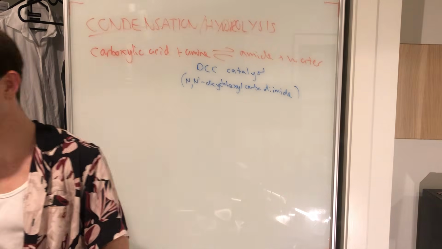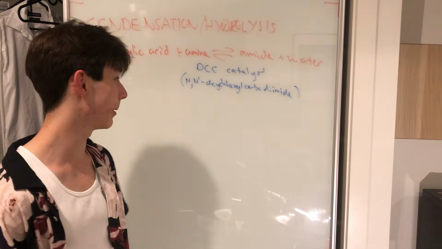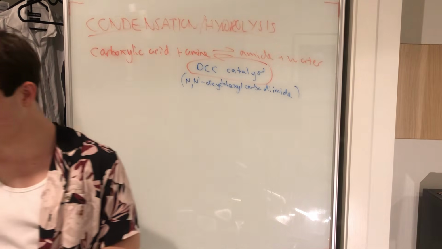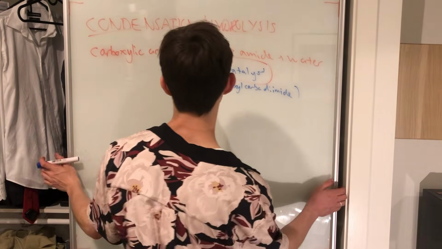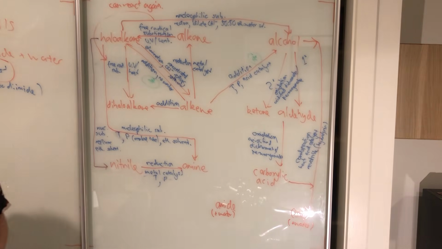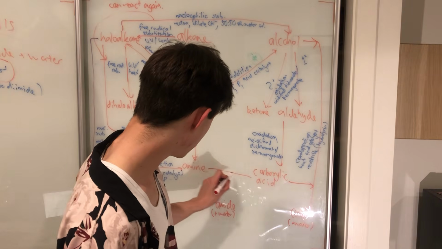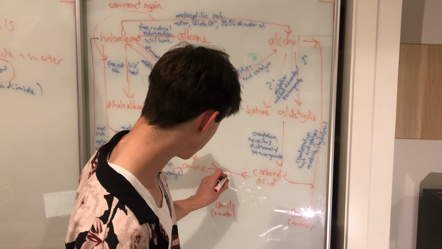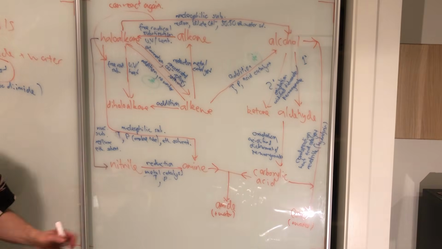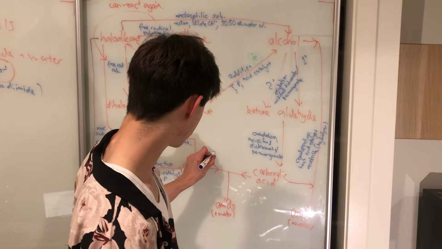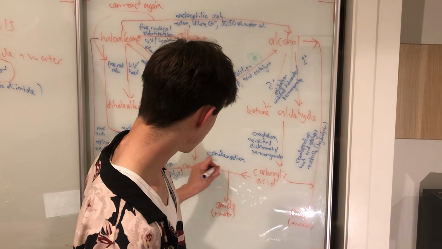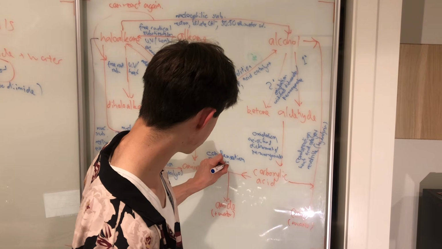You don't need to know that. I really hope you don't need to know that, but you do need to know DCC catalyst. That's your condition. So let's pop that on the diagram. So amine plus carboxylic acid, they're both pointing in, gives us an amide plus water, yeah? And that is condensation. You need a DCC catalyst.